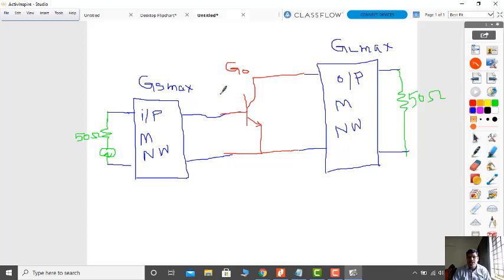So our aim is to introduce deliberate mismatching in both input and output matching networks, which in turn reduces the gain. Then we add G0 together, which gives our required gain, because most of the time the specified gain will be lower than the maximum available transducer power gain from the amplifier system.